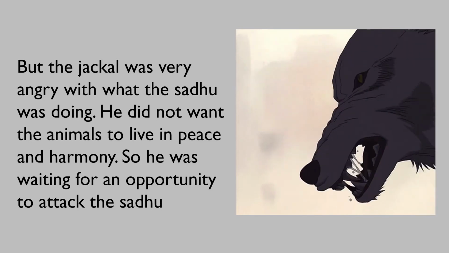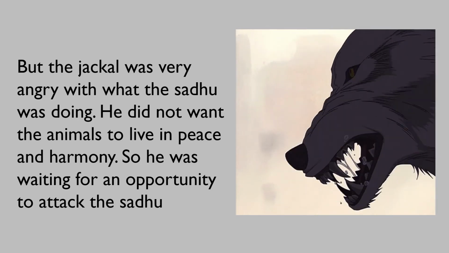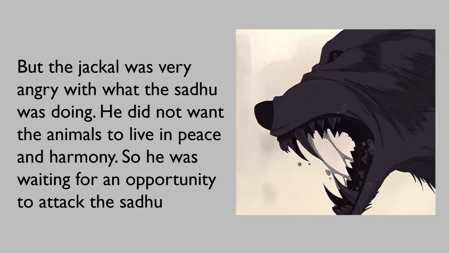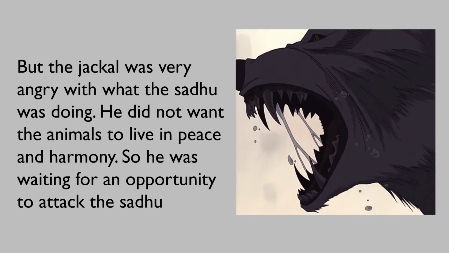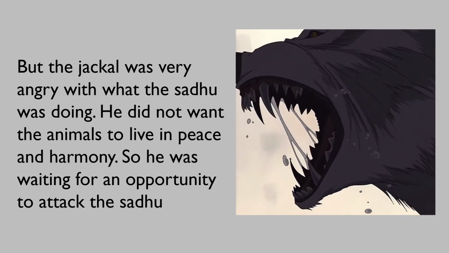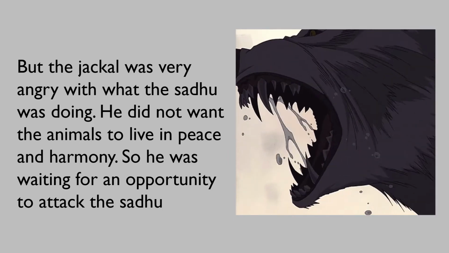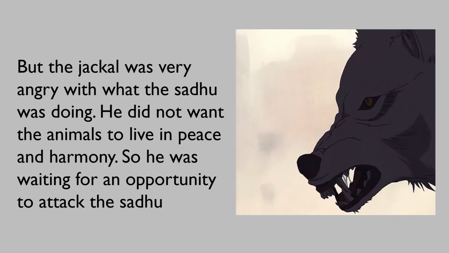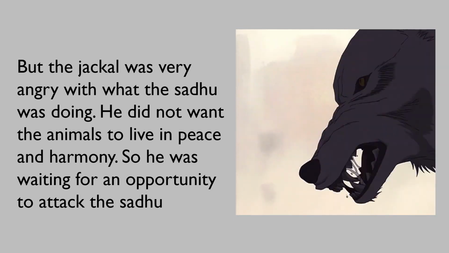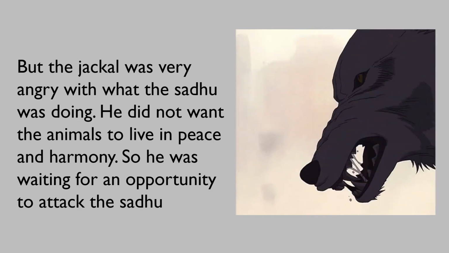So it is easy for the jackal to kill them when they are apart from each other. But the sadhu is trying to solve the disputes and reunite all the animals, making them live in peace and harmony once again. That's why the jackal was very angry with the sadhu, and he was waiting for a chance to attack the sadhu instead of the animals.